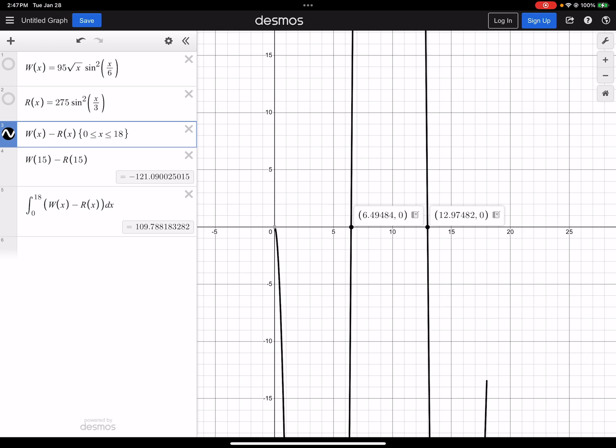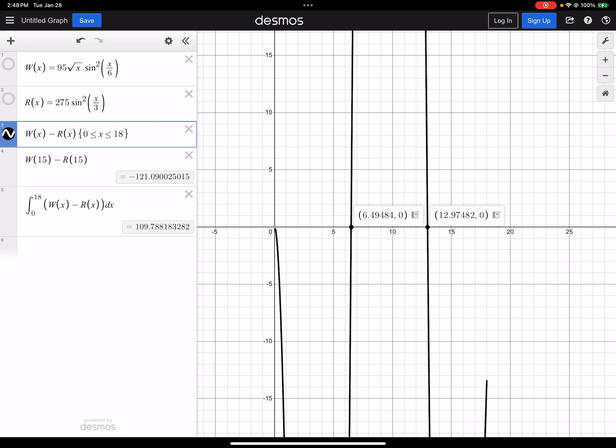So you're analyzing the way the signs of this graph change around those zeros, which are the critical numbers. I could see that the sign of my derivative at 6.49 goes from negative to positive. And at 12.97, the derivative is going from positive to negative. So, right, only 6.49 is a relative minimum.